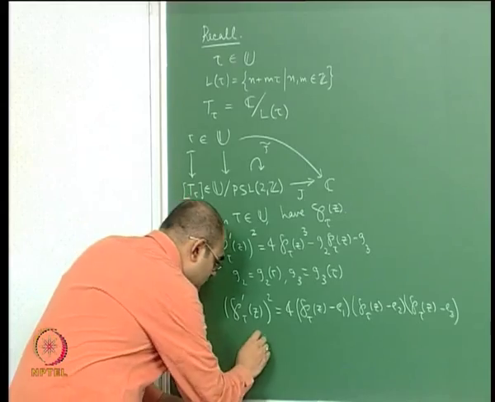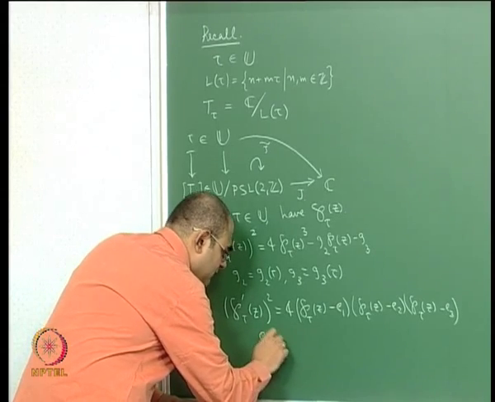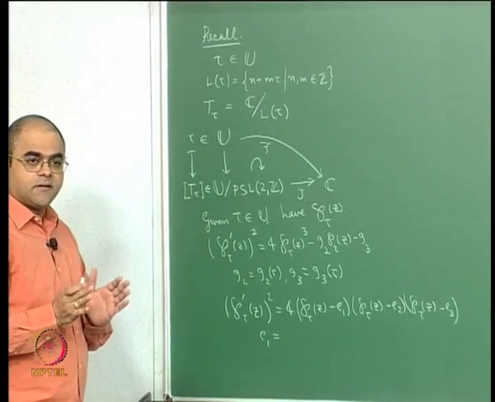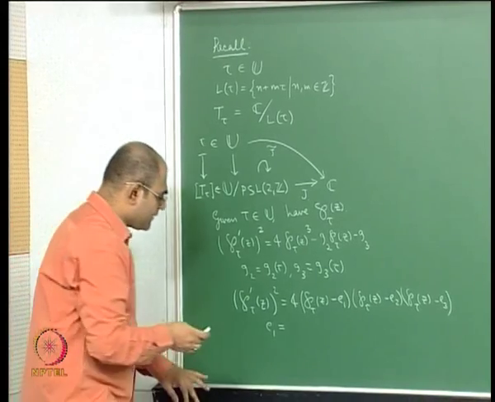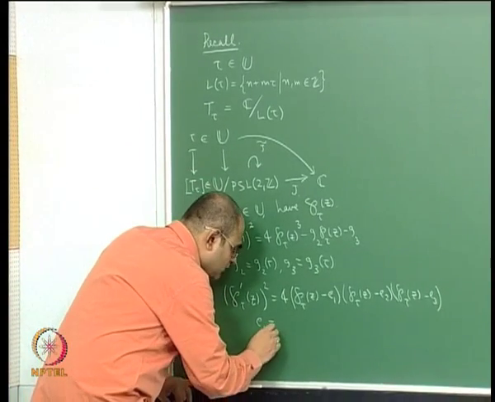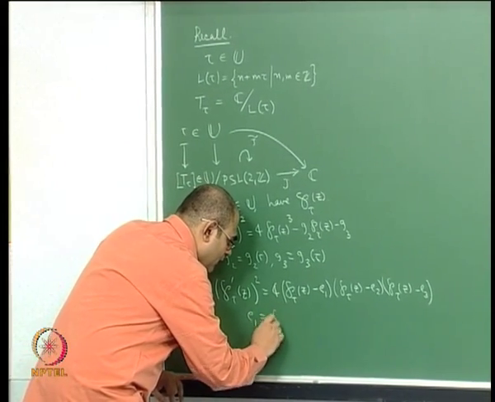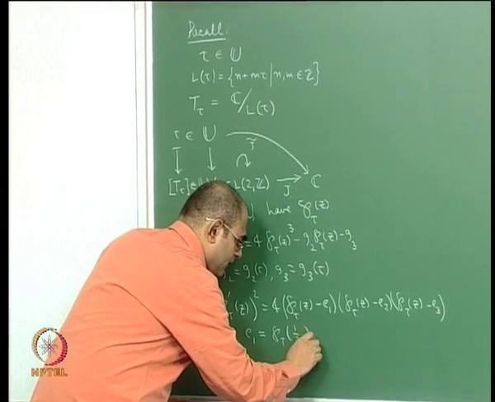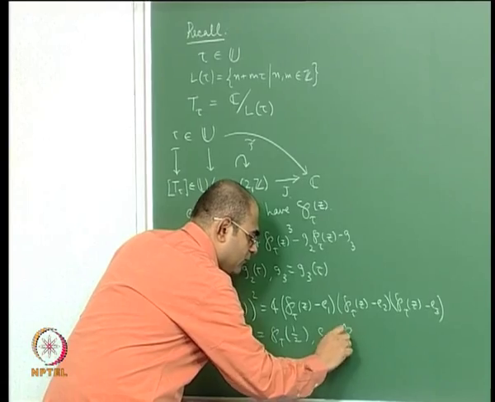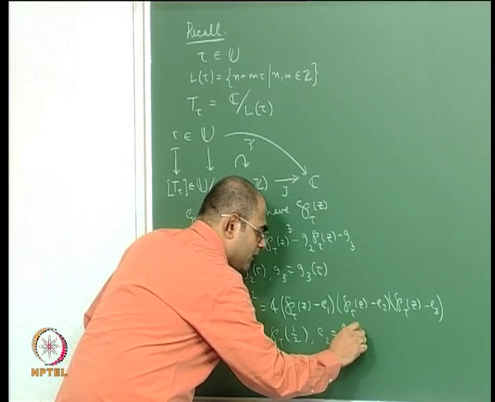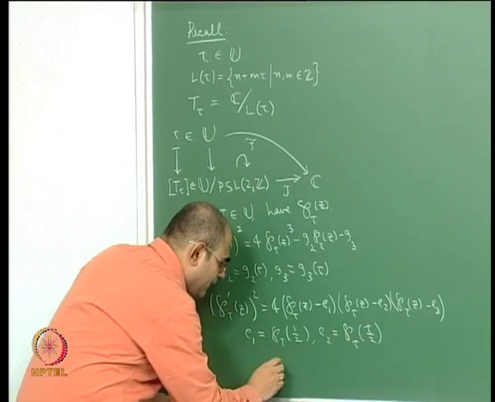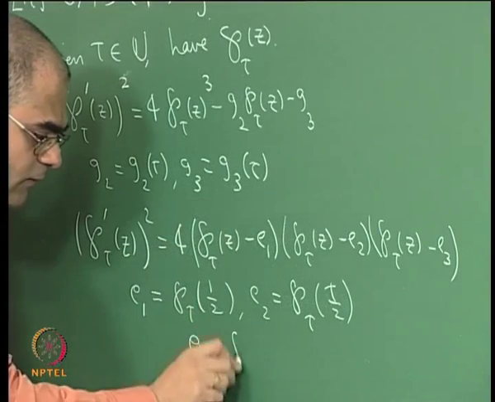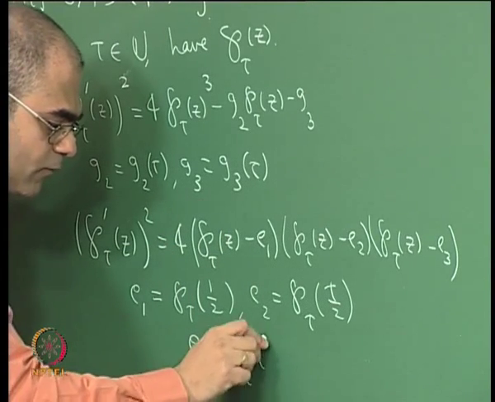In fact we found that there are essentially 3 zeros within a period parallelogram, and these are given by E1 equal to phi tau of half, E2 equal to phi tau of tau by 2, and E3 equal to phi tau of 1 plus tau by 2.